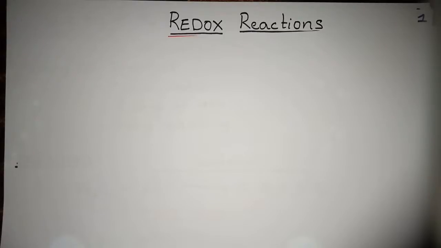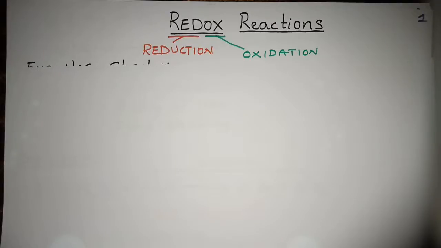Right? Now redox reactions are very important types of reaction which stands for reduction and oxidation. So you have reduction also taking place and oxidation also taking place in a reaction. Such set of reactions we call them as redox reactions.